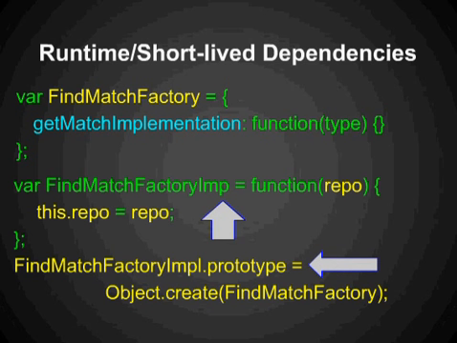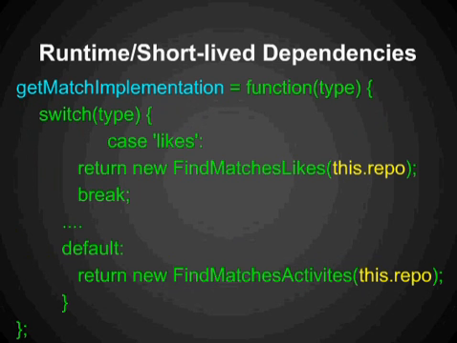Okay, so let's look at the implementation of this thing. By now, this should look very familiar to you. We're going to have an implementation. Its constructor is going to take something specific that it needs, in this case a user repo. Then I'm going to announce to the world that I'm going to implement the find match factory interface.